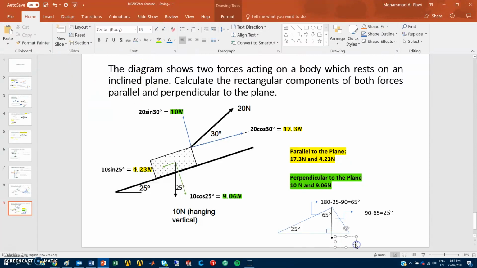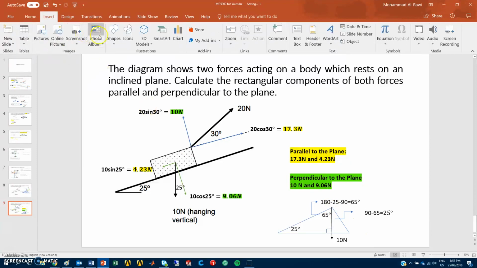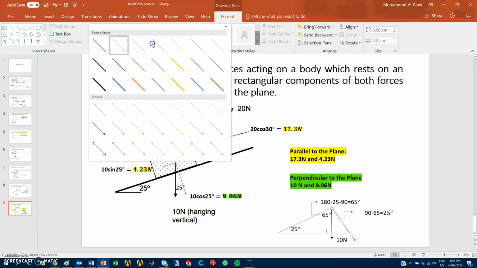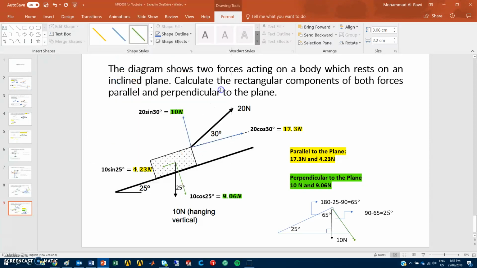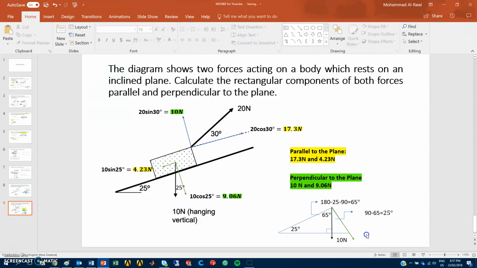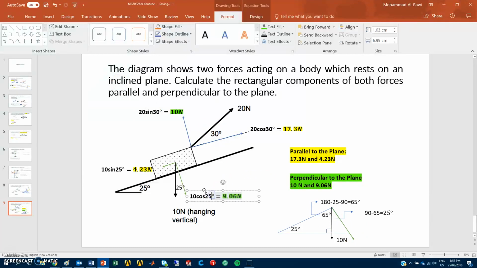If we use that angle, that's where it gives me the components for the 10 newtons in that direction, which I will show in green. It will be equal to the value we said earlier, 10 cosine 25, which is equal to 9.06, and the other one will be going in the other direction.